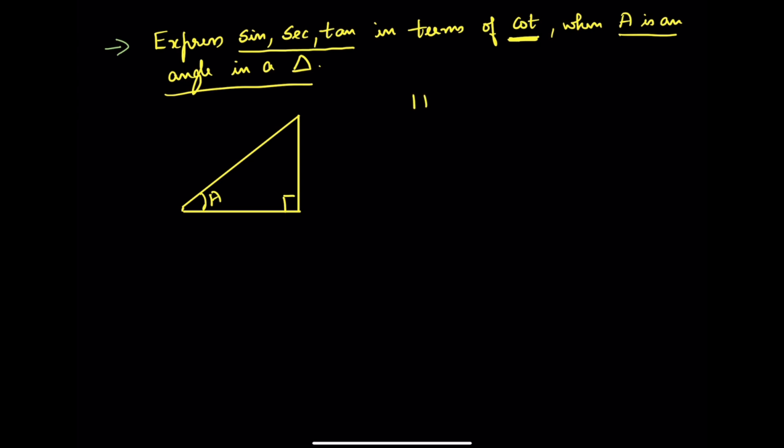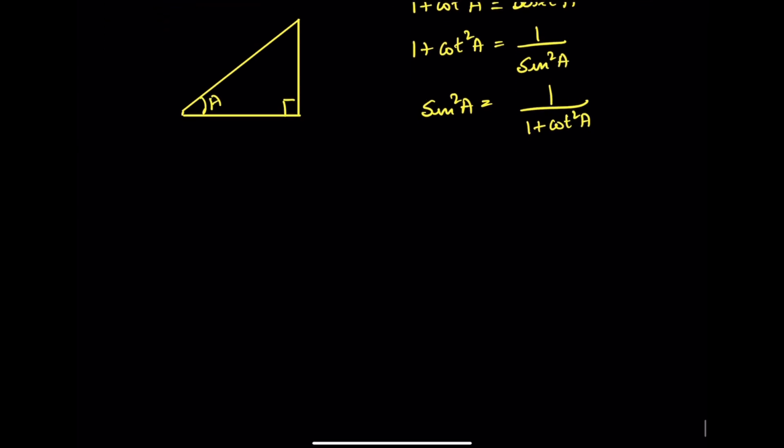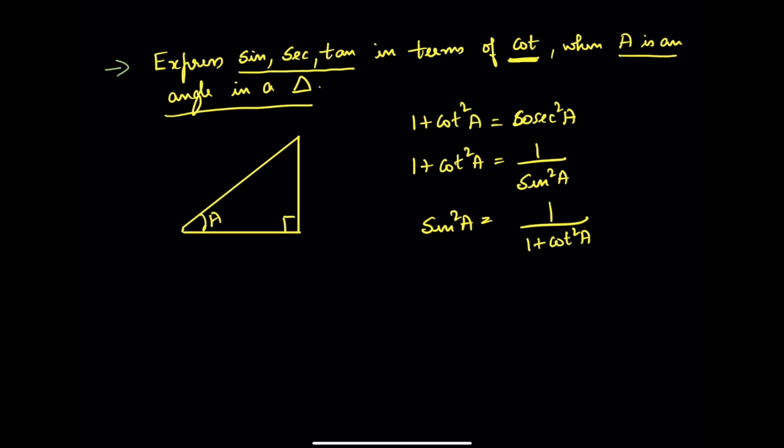Now we know another trigonometric identity which is 1 plus cot square A is cosecant square A. So we can change this to 1 plus cot square A is equal to 1 by sine square A. So sine square A would be equal to 1 by 1 plus cot square A. Now again, we will only retain the positive value of the square root because A is an angle in the triangle and it cannot be negative.